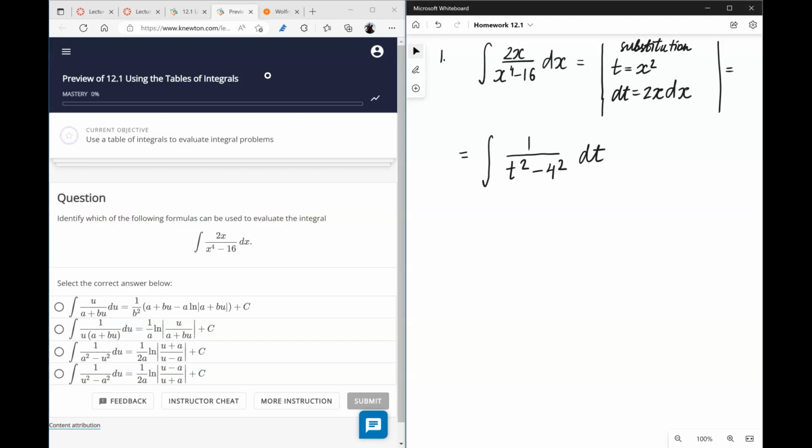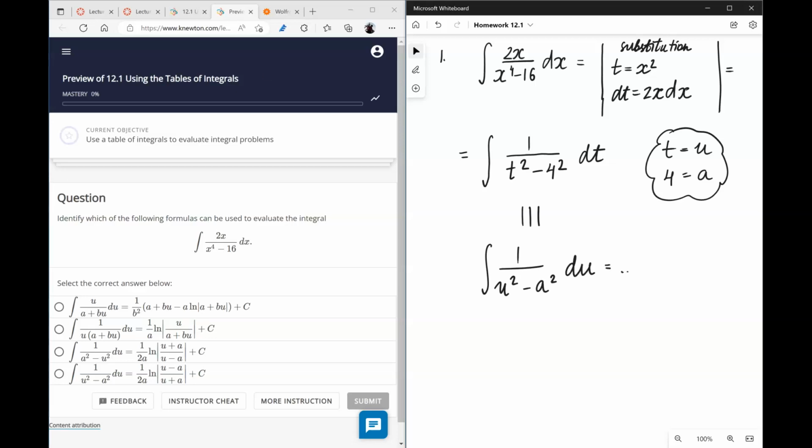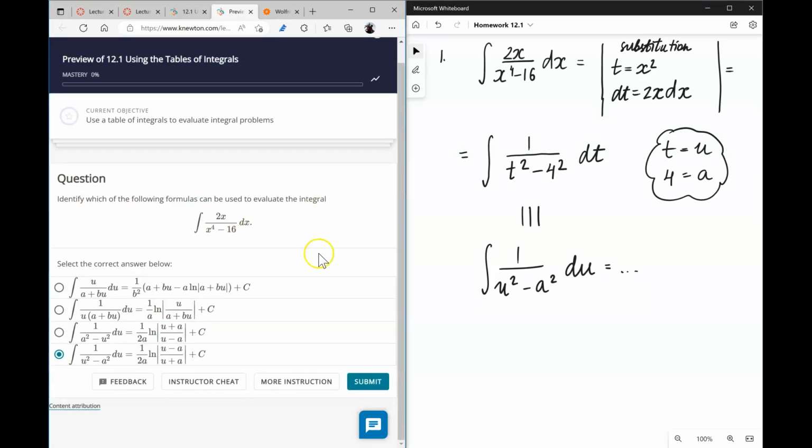So now, in order for you to see the answer, you have to imagine your t being u and your 4 being a, and then this problem is identical to this problem, for which we do have the answer. So the correct answer is option number 4.